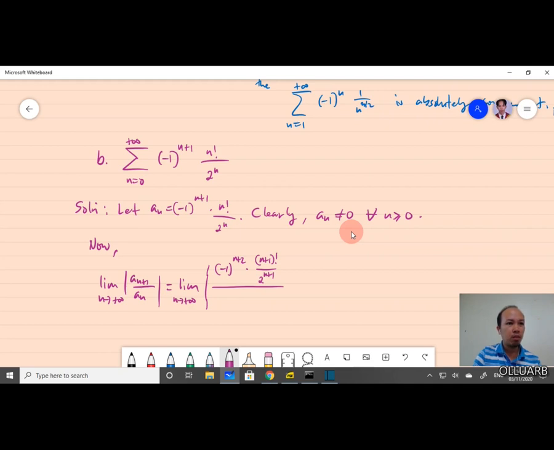The denominator is a sub n, so we have negative 1 to the n plus 1 times n factorial over 2 to the n. Okay, so simplify. We just have to wait for the program to respond.